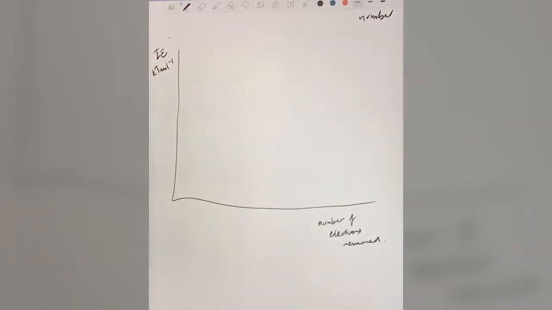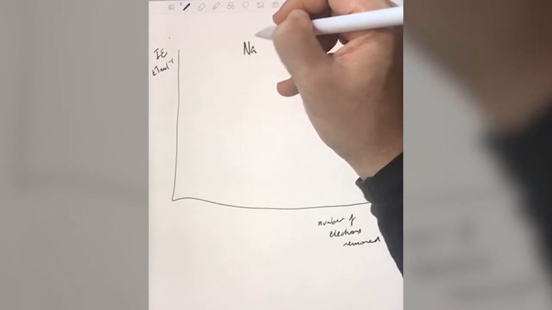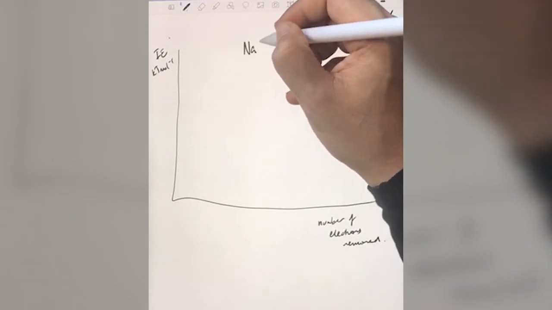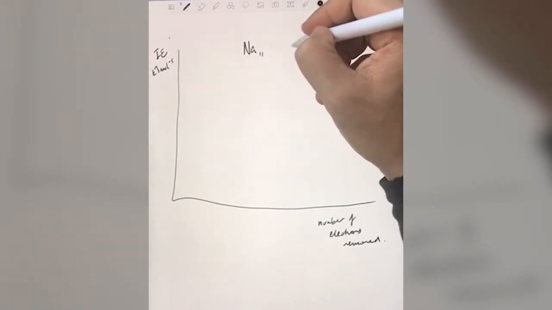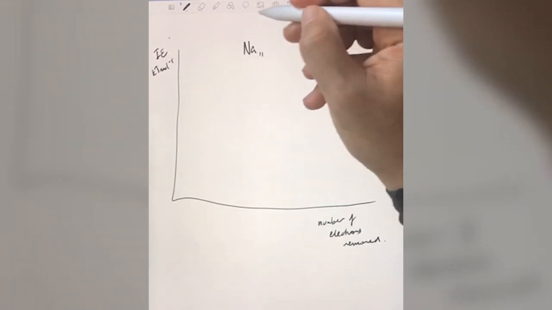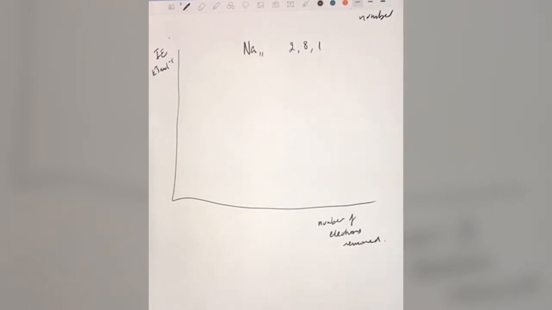This was evidence that shells exist. Take the example of sodium. Sodium has an atomic number of 11, and from GCSE we can say that it has an electron configuration of 2, 8, 1. That's 2 in the inner shell, then 8 in the next shell out, and then 1 in the outer shell.